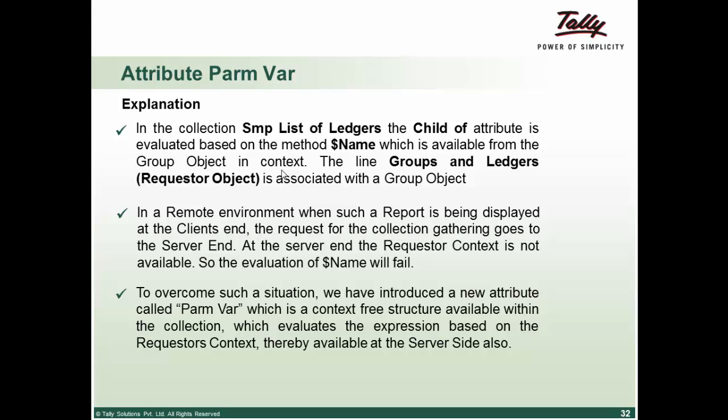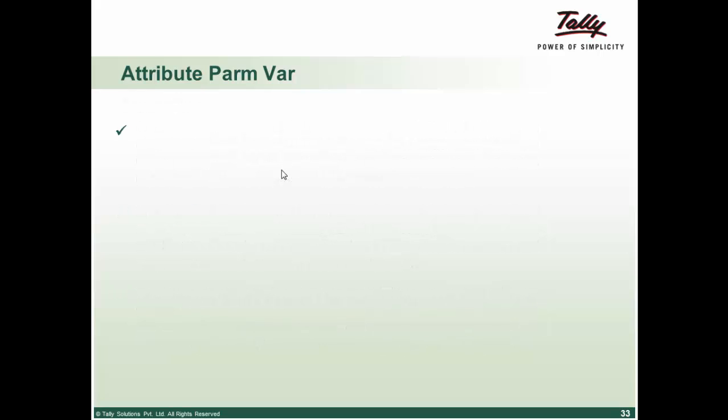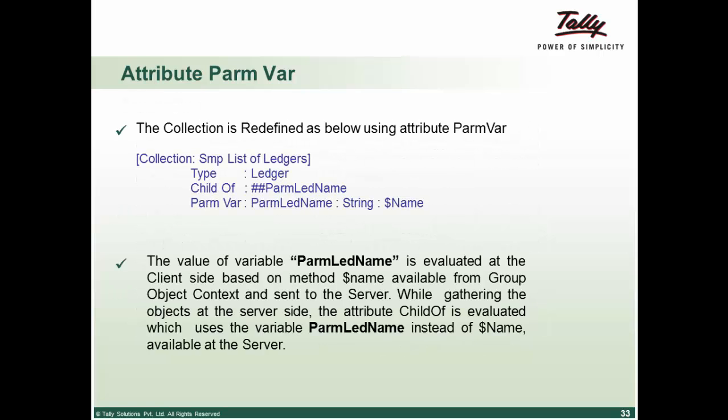So what do we do? $name fails. In these kinds of situations, where the requester context has to be maintained or the value of a requester context has to be flushed into the collection, palm-var comes into the picture. The simple thing we have done is child of #PalmLedName. This is the name of my variable, string $name.